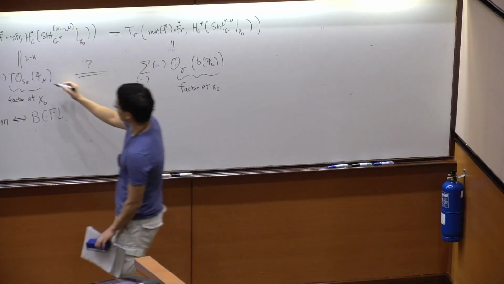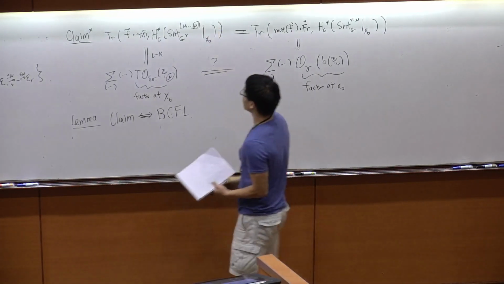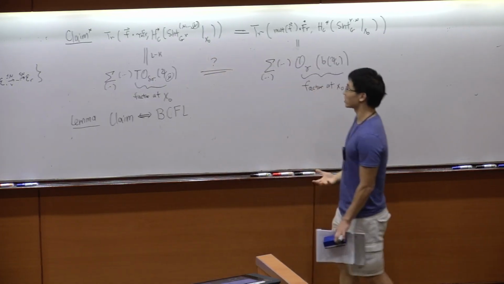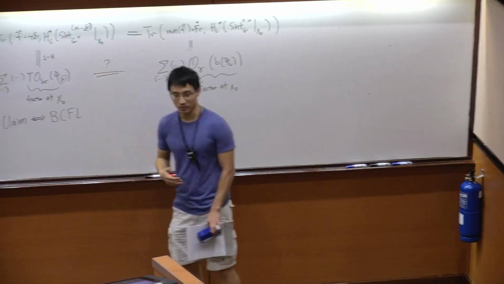And by the way, the mu here is the same as these mu's here. So it's the flexibility of varying this co-weight over all co-weights of G that gets the fundamental lemma for all elements in the Hecke algebra.